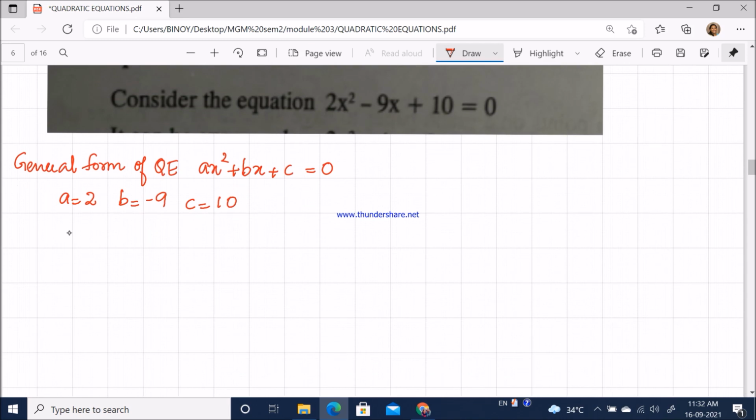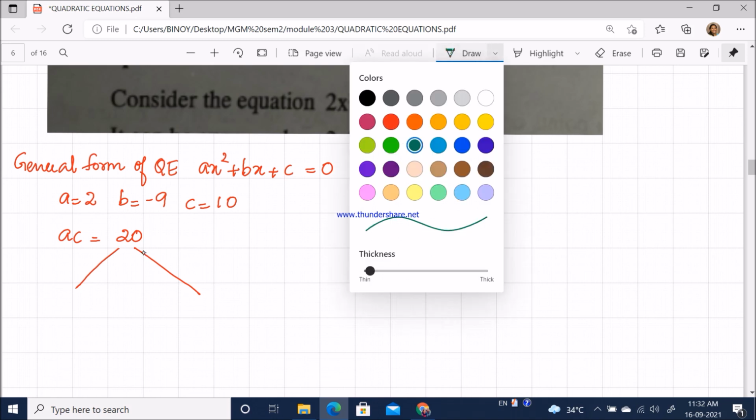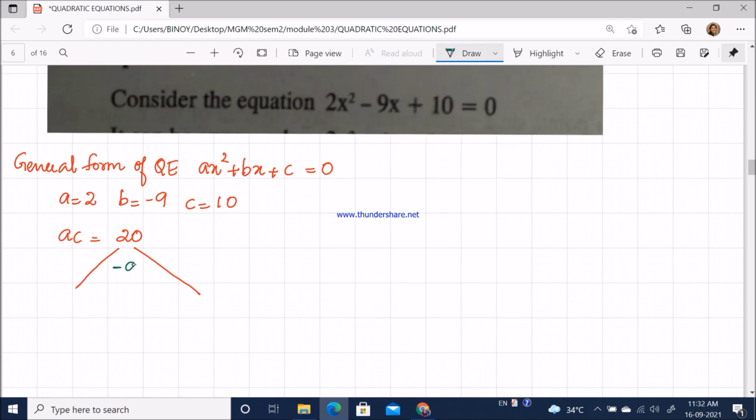Now ac is equal to 20. So product is 20 and the sum is minus 9. So it should be minus 5 and minus 4.